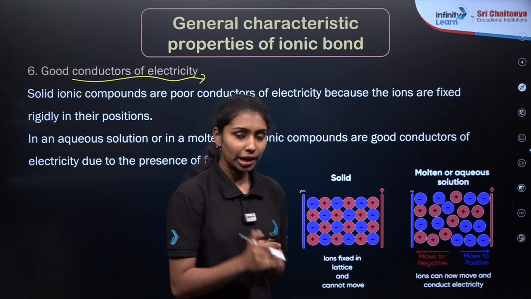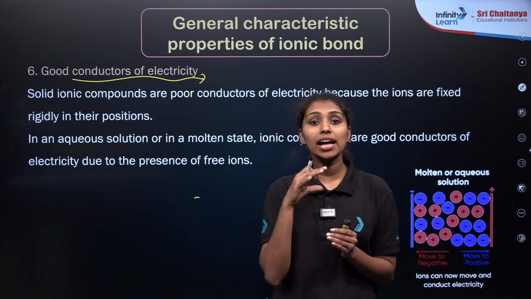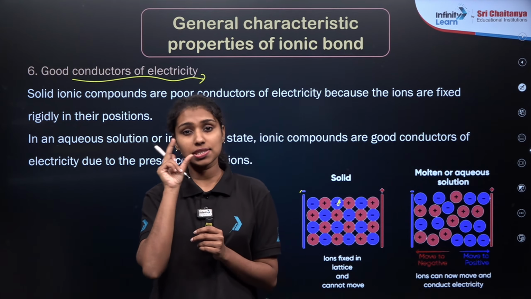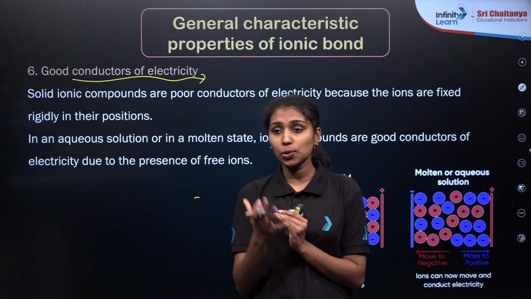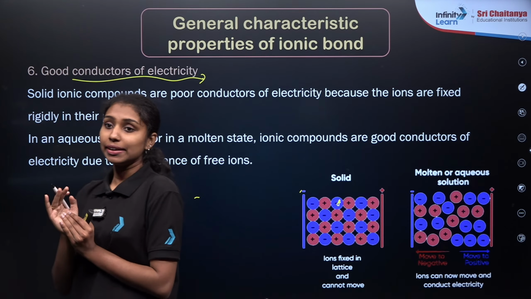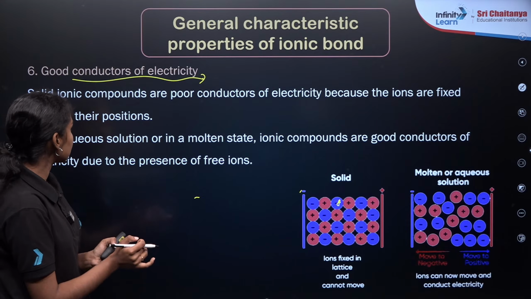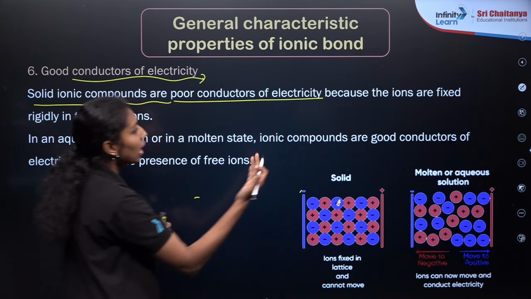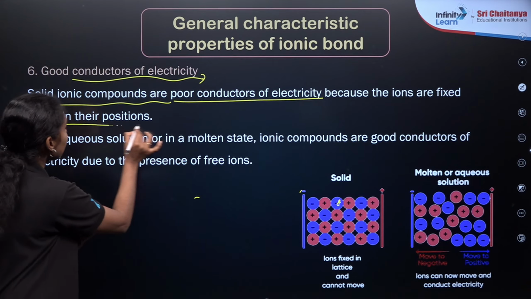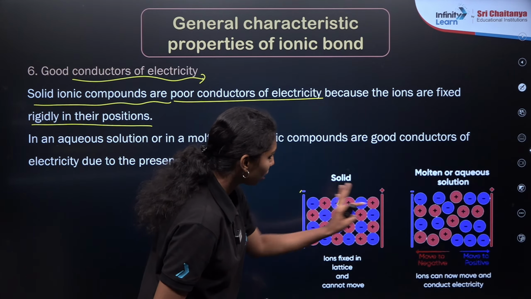So in the case of ionic compounds, as we already know, they are crystalline solids. There is a well structured order of the atoms present there. There is no possibility of movement of ions. So in the solid state, these ionic compounds are not conducting electricity. Or we can say that solid ionic compounds are poor conductors of electricity because the ions are fixed rigidly in their positions, right?